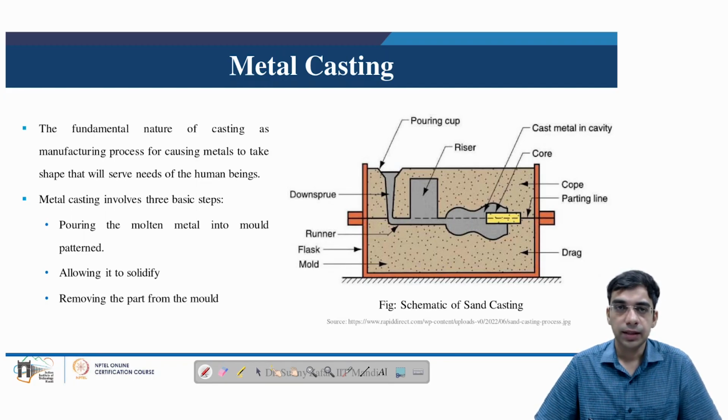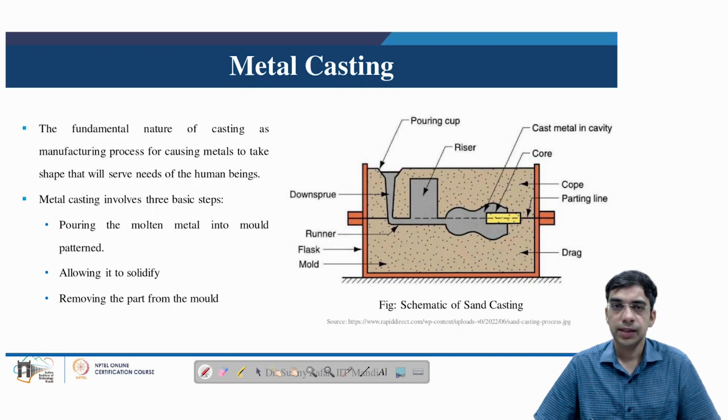So metal casting is a well-known manufacturing process. It is perhaps one of the oldest manufacturing processes, in which the metal is allowed to take the shape of a cavity. This cavity is developed inside a mold using a pattern, and the pattern is subsequently removed, and the cavity which is left behind is subsequently filled with molten metal.